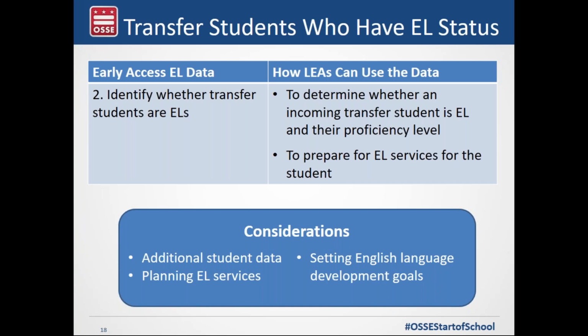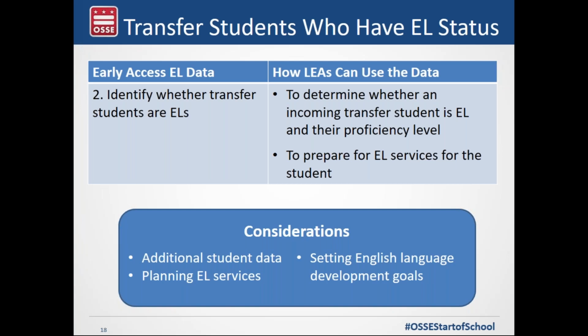If a student who is a transfer is not an EL in Qlik and has a screener status of proficient, accept the screener data as valid and do not rescreen the student. Now there are potential exceptions, and in those cases, please refer to the EL policies and procedures document.